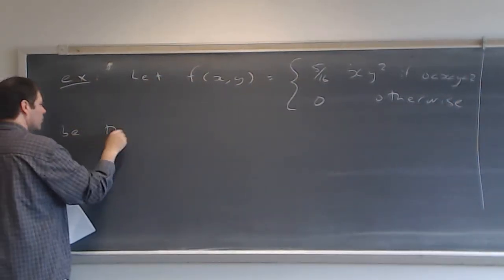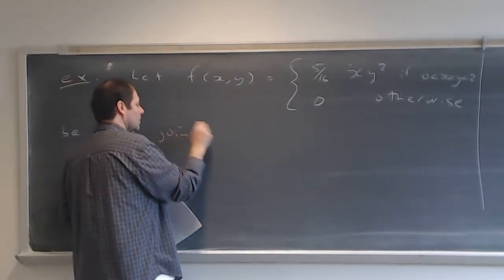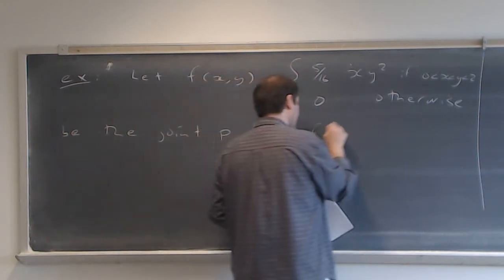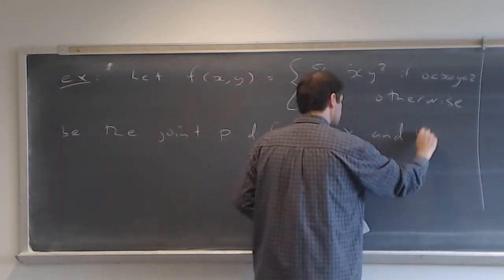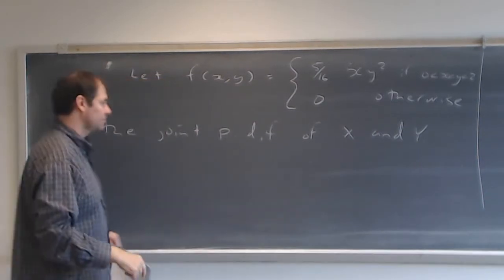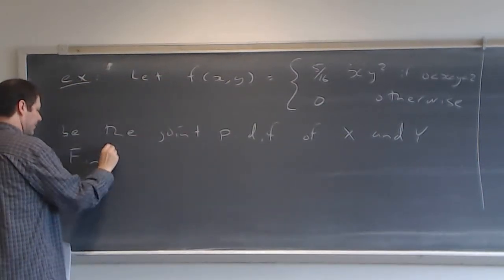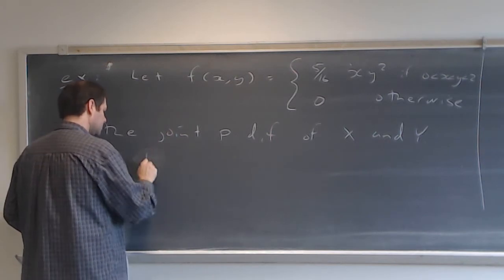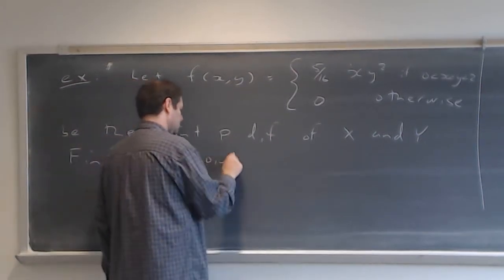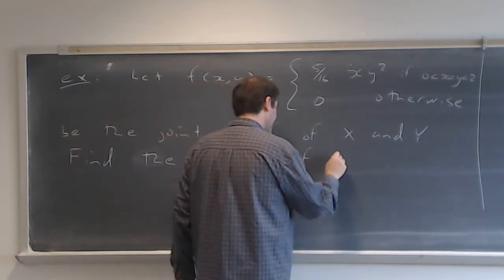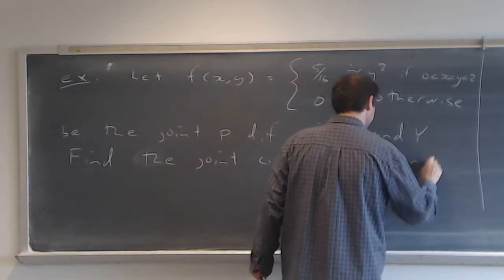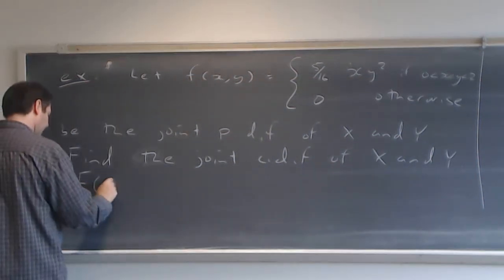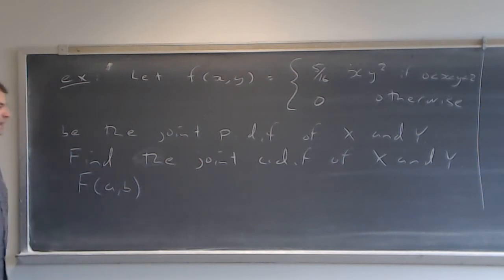This is the joint probability density function of x and y. And the direction in this example will be to find the joint CDF of x and y, and that is F of a, b.